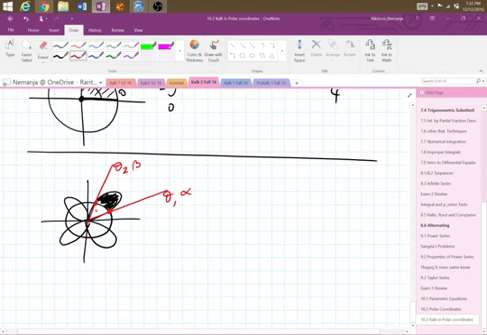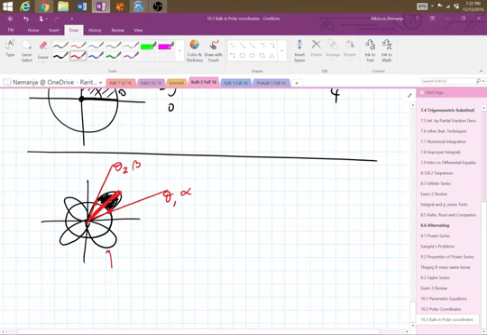Furthermore, as I draw the representative pizza slice, I have the far away minus close by, looking from the origin.